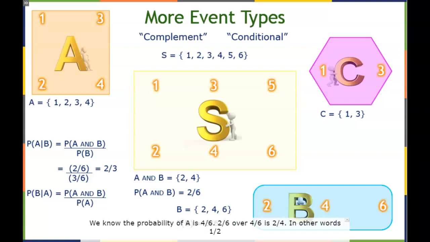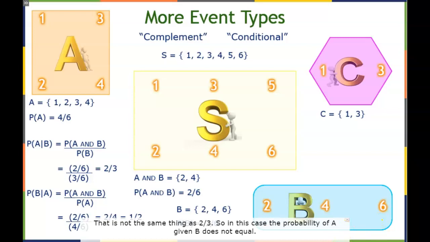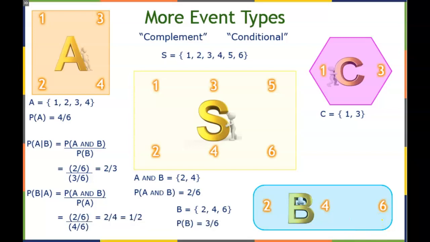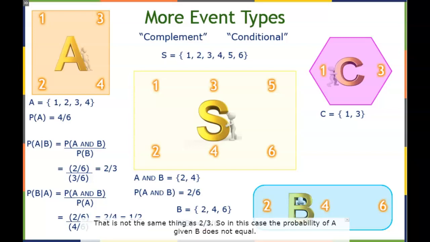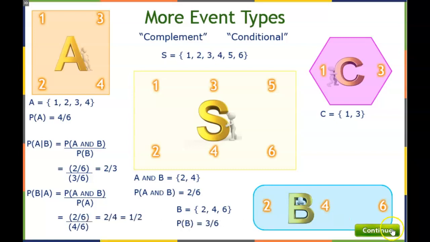We know the probability of A is 4/6. 2/6 over 4/6 is 2/4, in other words, 1/2. That is not the same thing as 2/3. So in this case, the probability of A given B does not equal the probability of B given A.